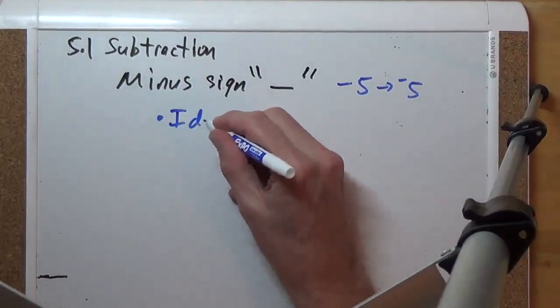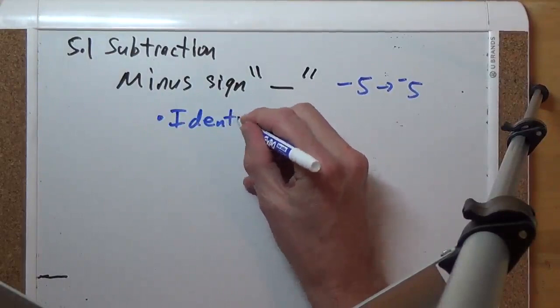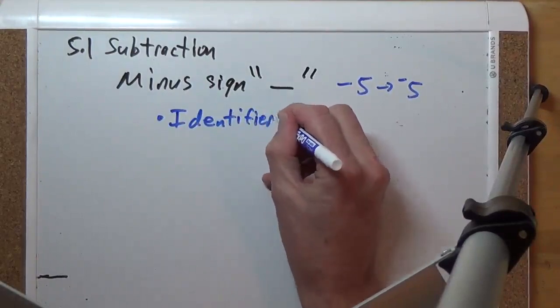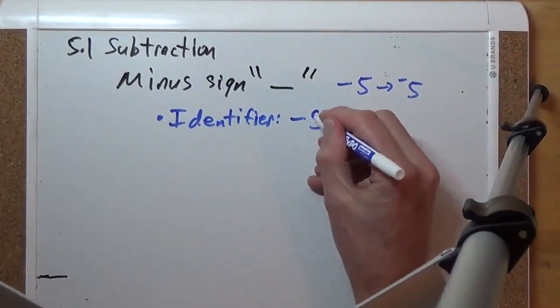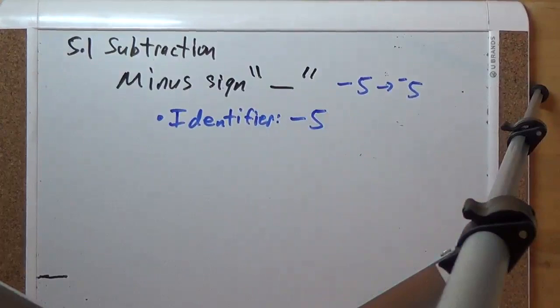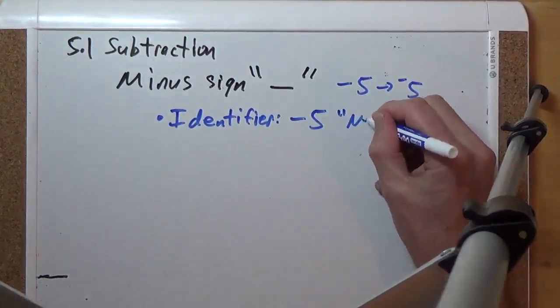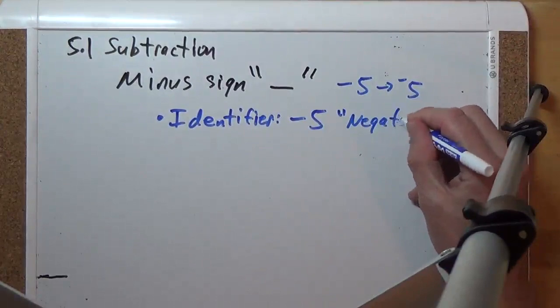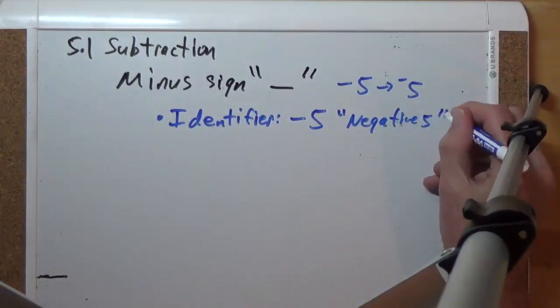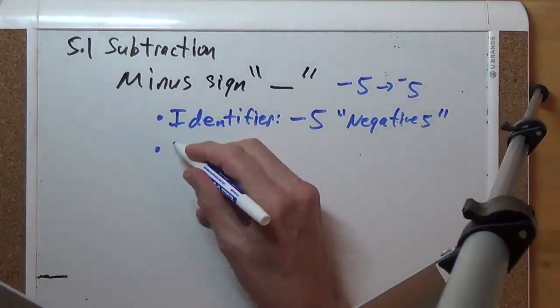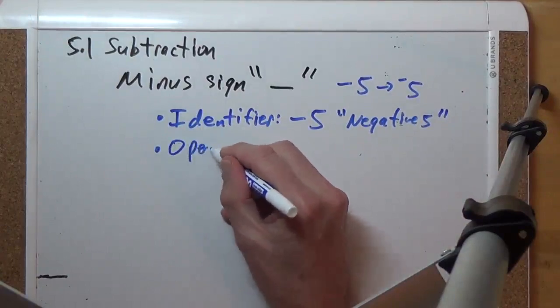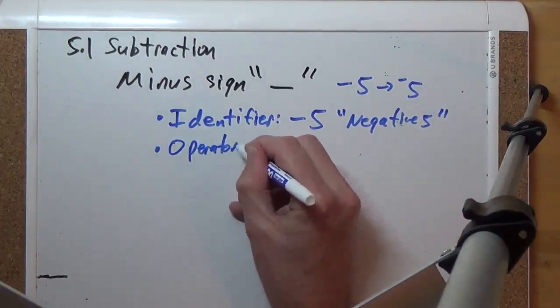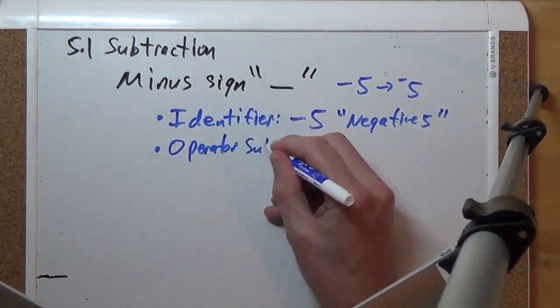First of all, it's an identifier, meaning you put it out here in front of that, you've got -5. That's what we say, and we know what that means. Okay, it's also an operator, which is subtraction.